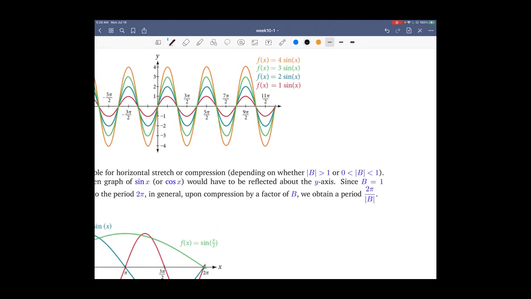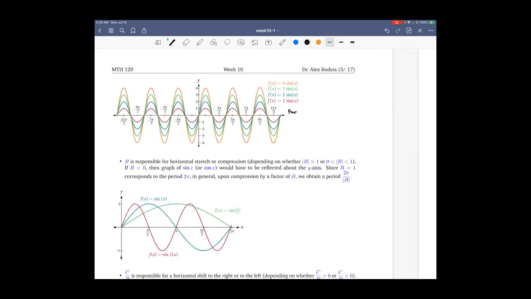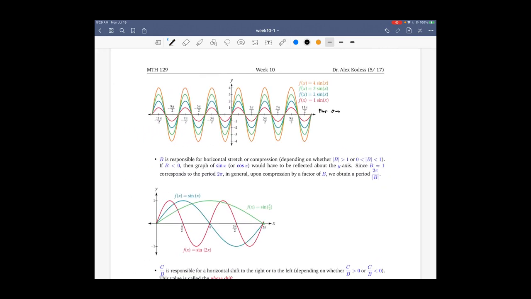So for any constant a, a sine x equals 0 if and only if sine x equals 0, if and only if x equals pi times k. K is an integer.